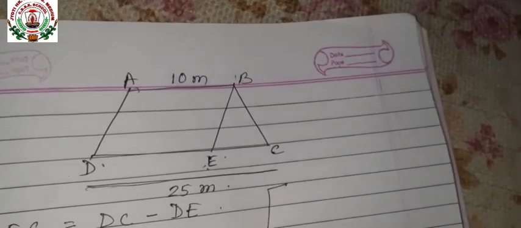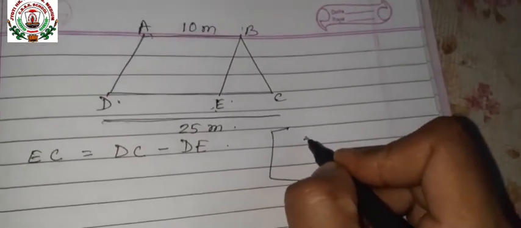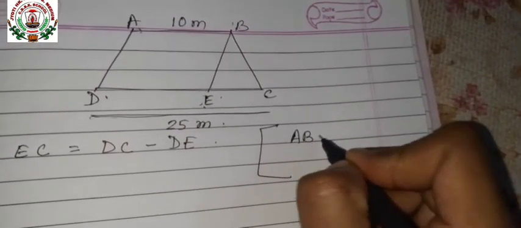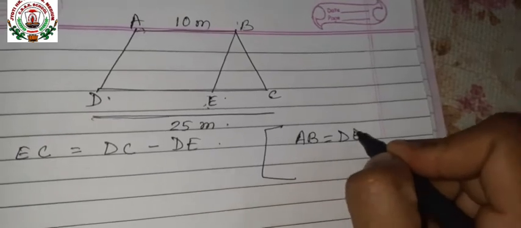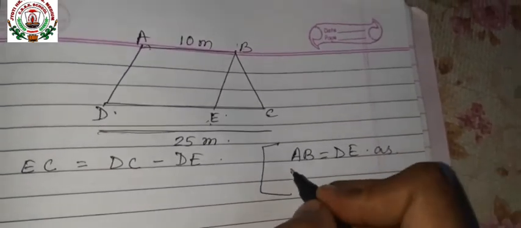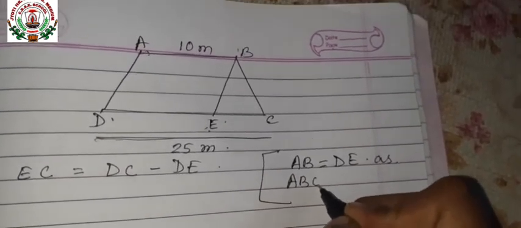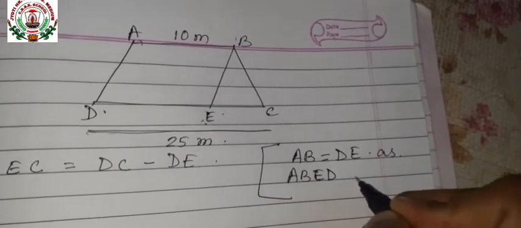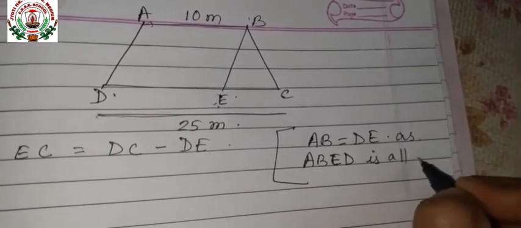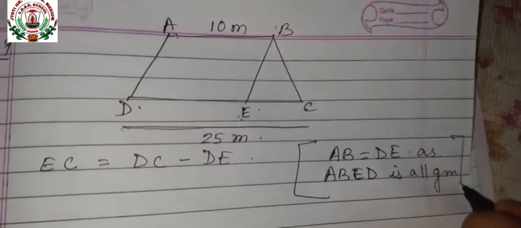We know that parallelogram's opposite sides are equal. That means AB will be equals to DE, as ABED is a parallelogram, is it not?